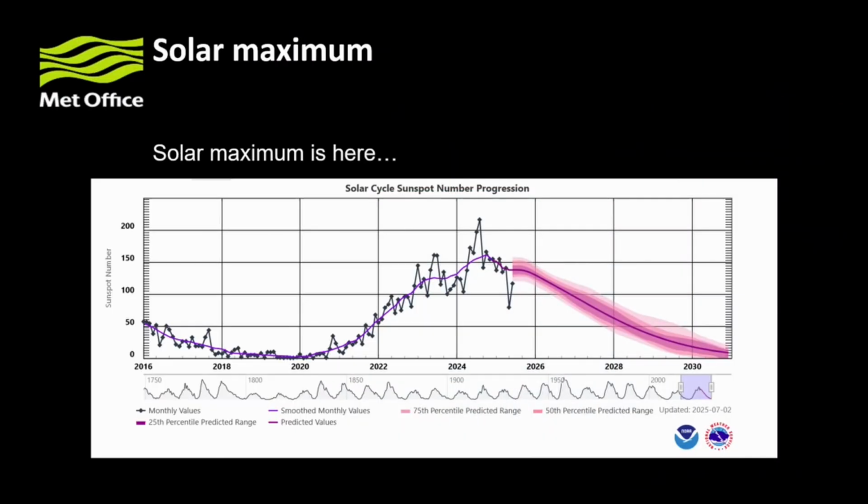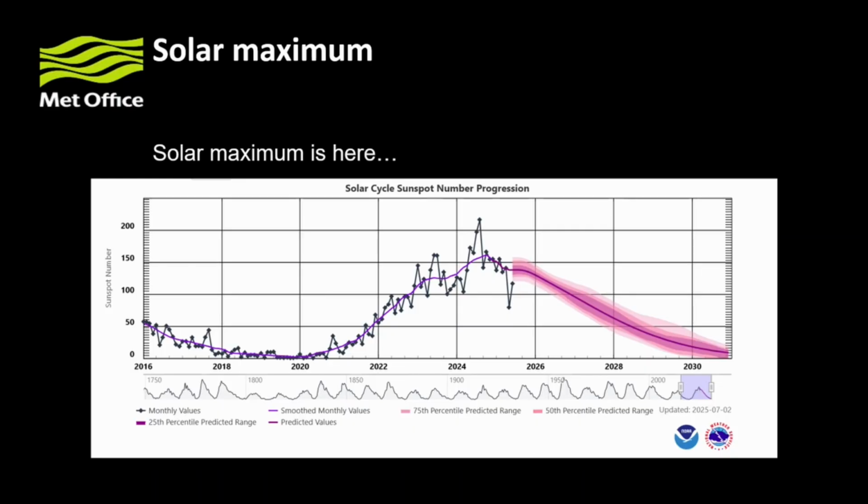Now, we have been seeing an increase in space weather activity over the last couple of years, and this is to be expected. The sun has a solar cycle of 11 years, and this goes from solar minimum, which is when we see the fewest sunspots on the sun, to solar maximum, where we have the most sunspots, and back down to solar minimum. So from solar minimum through solar max back to solar min is roughly 11 years.